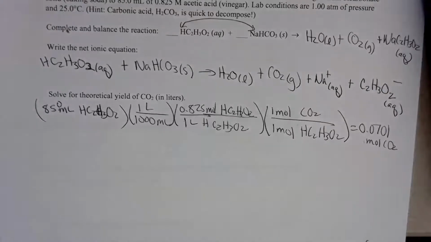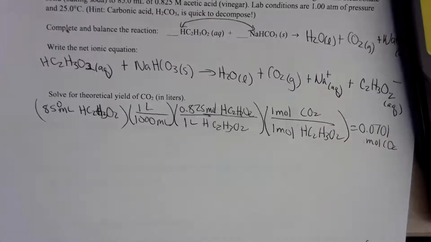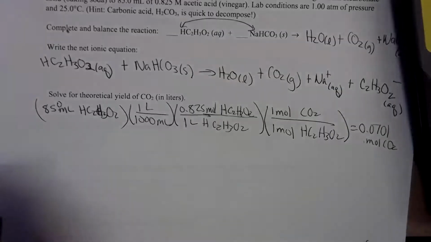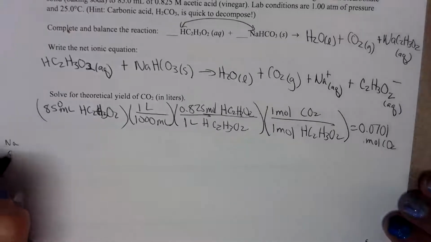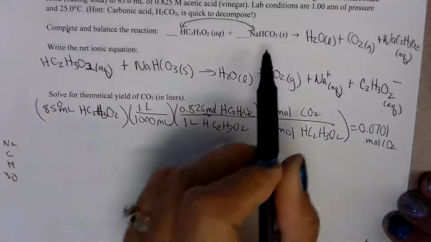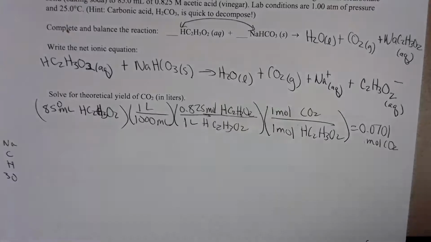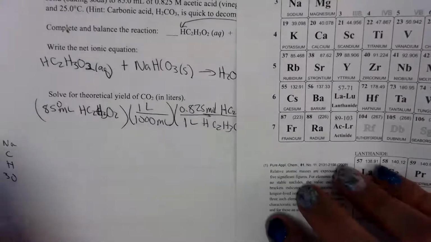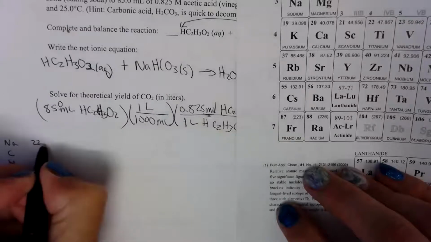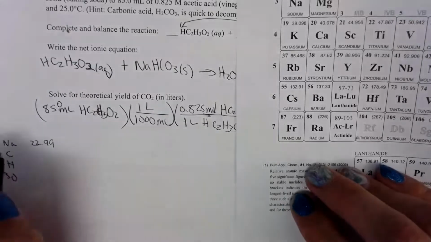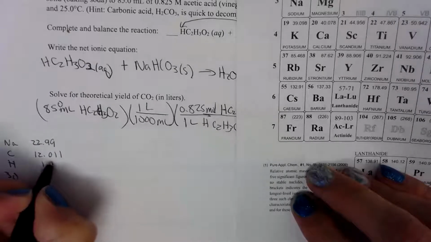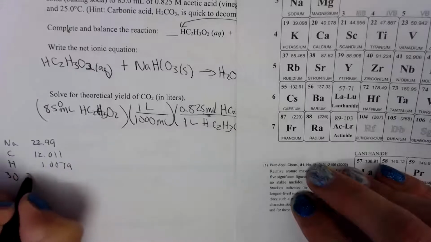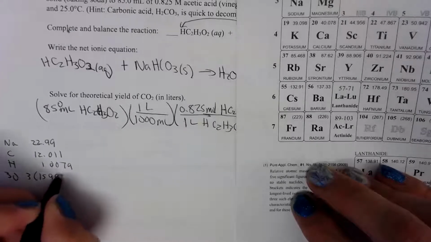Okay, let's do that same thing for the sodium bicarbonate. First, we need to add up the molar mass of sodium bicarbonate. So we need to look up sodium, carbon, hydrogen, and 3 oxygens from our formula. So I'll break out the handy dandy periodic table. So we have 22.99, 12.011, 1.0079, and 3 times 15.999.